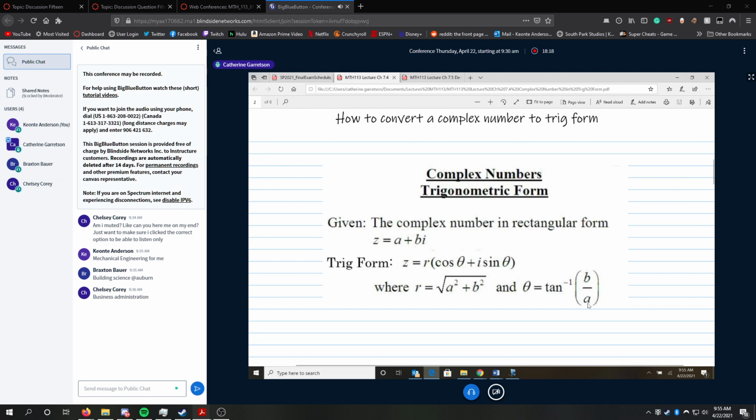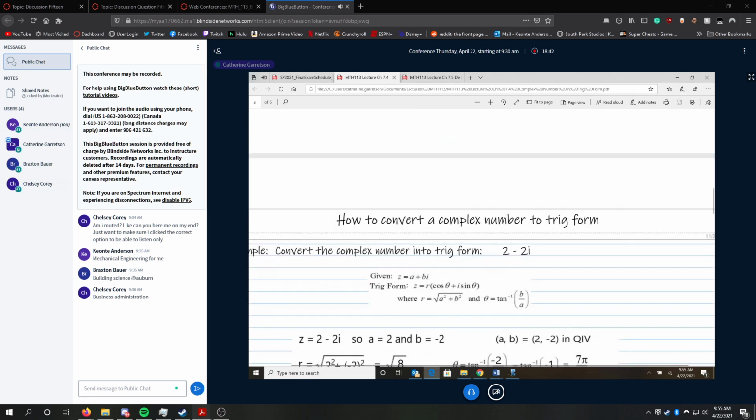We're going to put the b over the a and going to find the inverse tan. And that's going to give us the angle. So I'm going to put the b over the a. And I'm going to need the right quadrant again, because you're just going to look to see what would that quadrant be if I were to graph the a and the b.